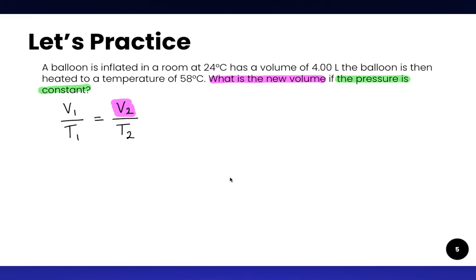So we should be able to pick out V1, T1, and T2 from the story problem. V1 is equal to 4.00 liters. T1, the initial temperature, is 24 degrees Celsius.